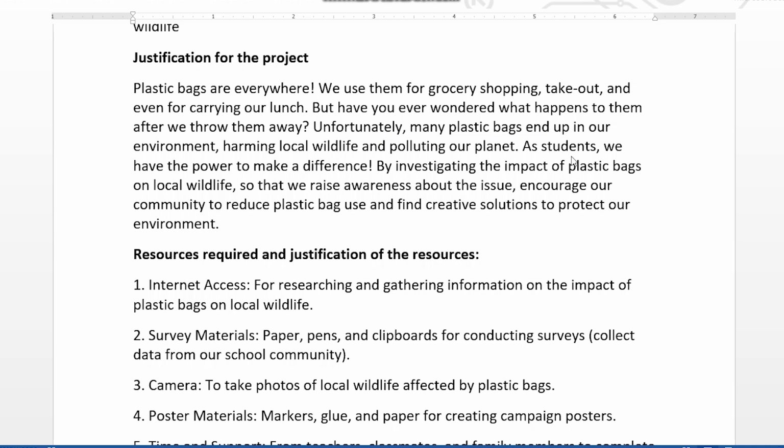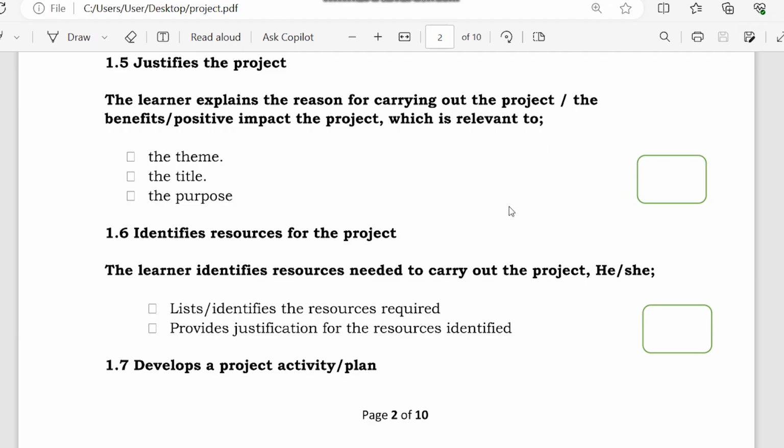And the learner is providing a proposal that there is something that can be done so that both the wildlife which are affected by the plastic bag and the humans who need the plastic bags are not greatly affected. They all benefit. So that is the justification, and it is related to the title, the theme, and even the purpose.